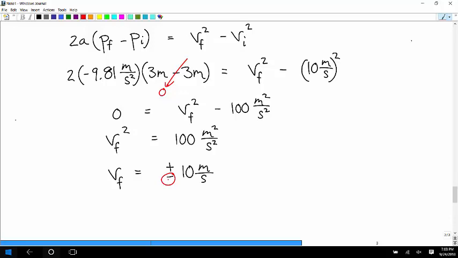If you look at this equation, if it started at 15 meters and ended at 15 meters, this would have gone away just the same. So if you launch something up into the air, the speed when it returns to that height is always going to be the same as the speed when you launched it. And the velocity is always just going to be opposite the velocity when you launched it.